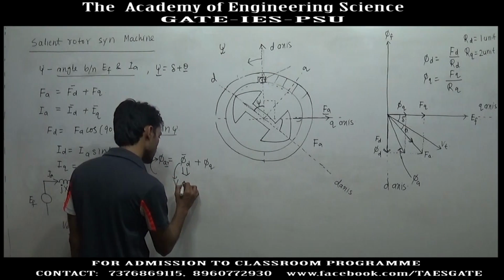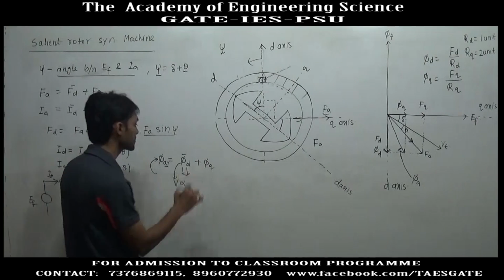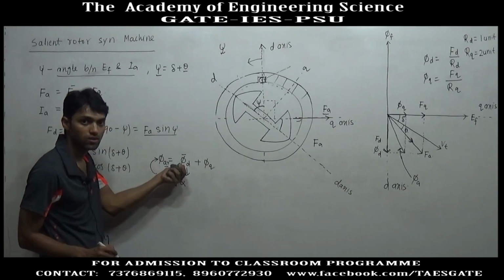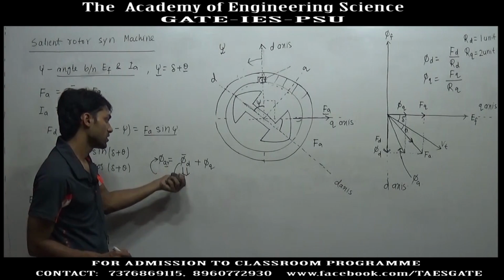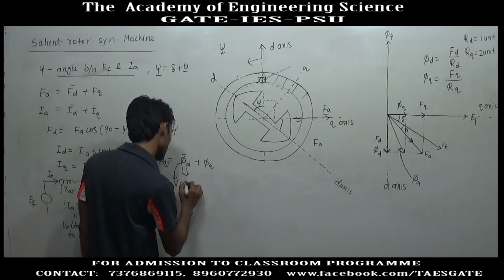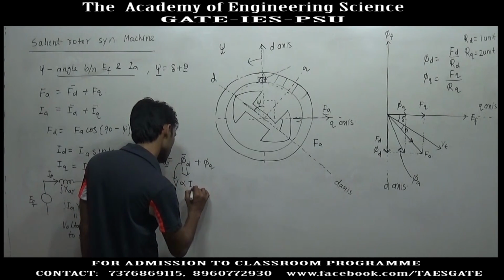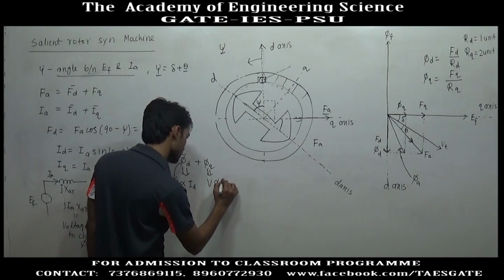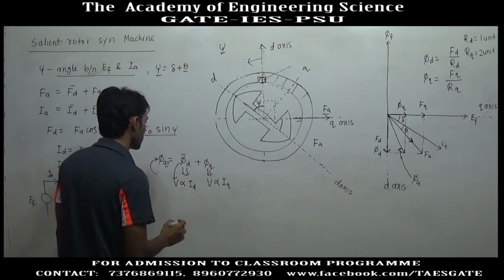This effect will be directly proportional to the magnitude of flux, and the magnitude of this flux is directly proportional to the current which has generated it. The cause of this flux is D axis current. So, this voltage will be directly proportional to ID, and the voltage due to the Q axis flux will be directly proportional to IQ.